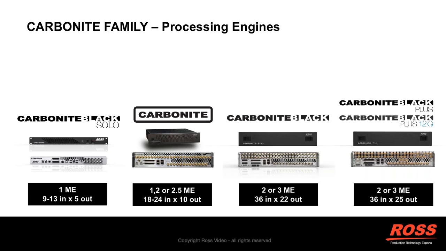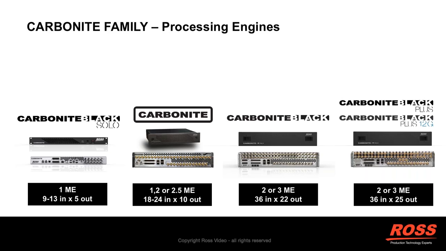That particular switcher is capable of 1, 2, or 2.5 MEs with 18 to 24 inputs and 10 outputs. And then we introduced a bigger version, the Carbonite Black frame. That's 2 or 3 MEs, and it's fixed at 36 inputs and 22 outputs.